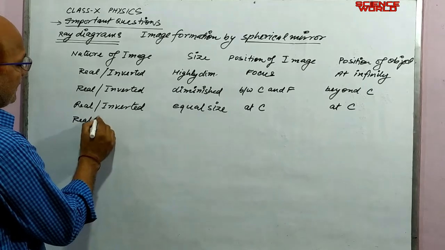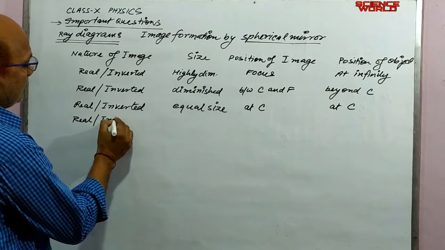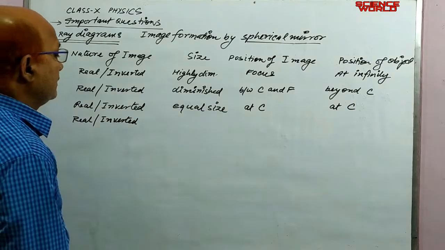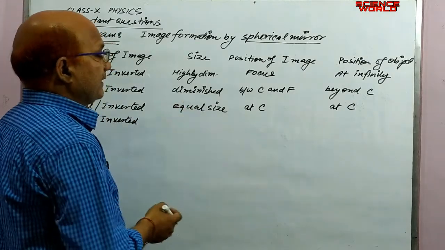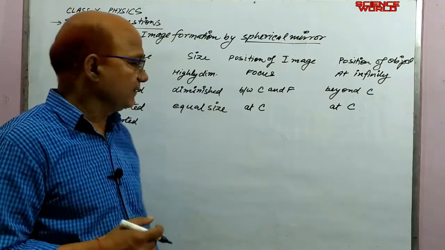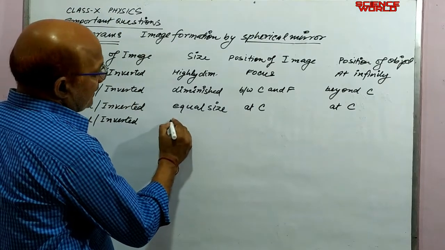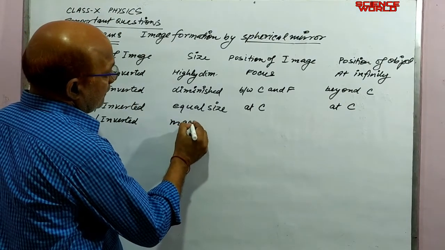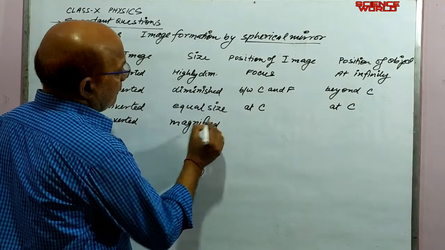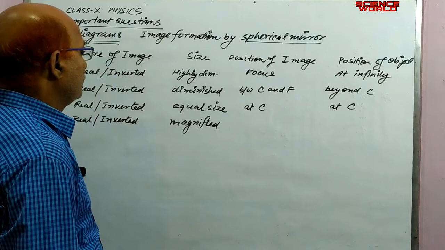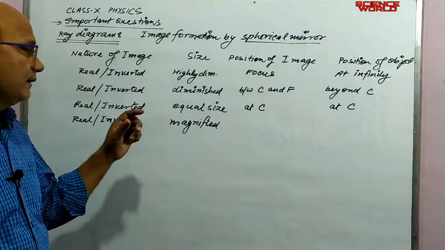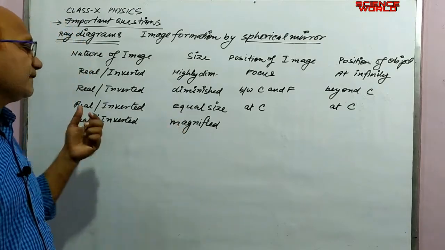Now, the image is real and inverted and it is bigger than object. The size of this image is bigger than object. So, it means the image is now magnified. Okay. So, if image is magnified and it is real.